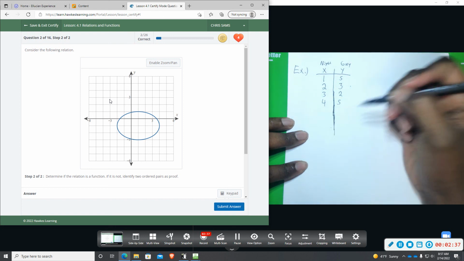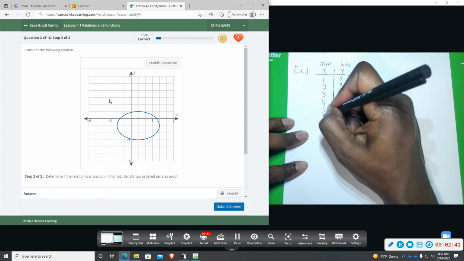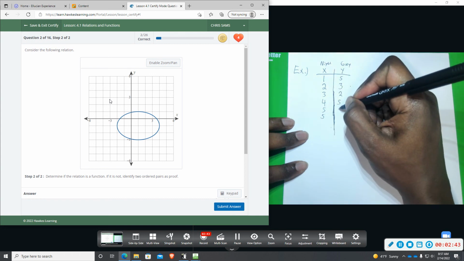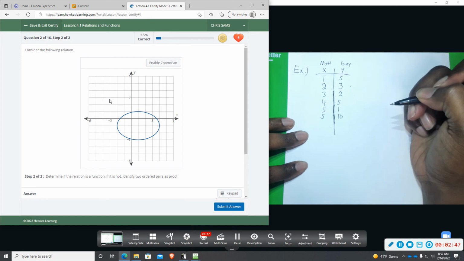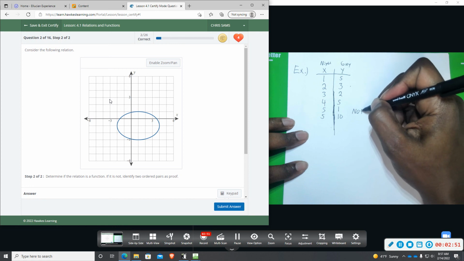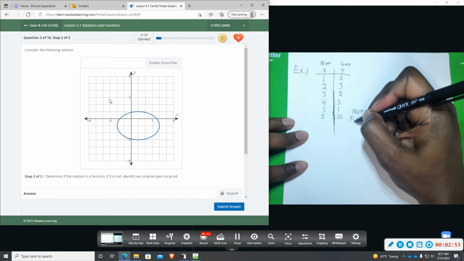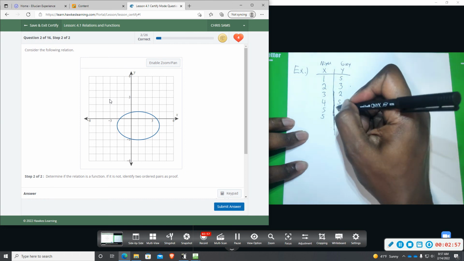But let's say on the 5th night we try to get sneaky and we have 2 dates. We go out with maybe guy number 1 and guy number 10. Right here's a problem. This is where we're not functioning. This is breaking the rule.